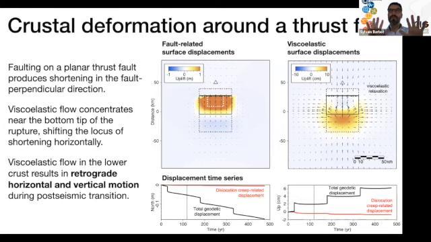And the key advantage of the boundary and volume integral method is that we can distinguish the deformation caused by faulting or viscoelastic flow, because the deformation is a linear combination of both. So it's very convenient to explore data sets and fit data better.